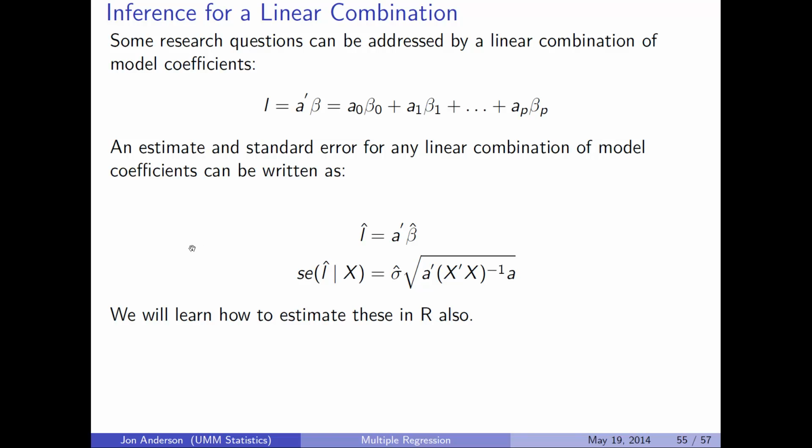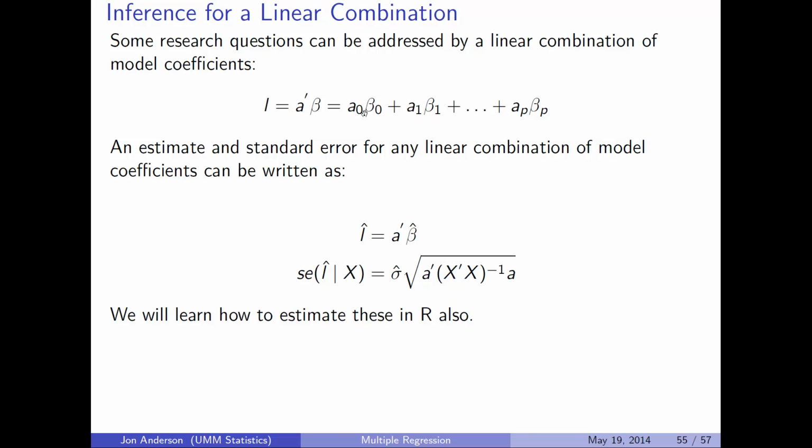You can do an extension of these ideas to just a linear combination of model coefficients. You'll see this later in the course, but sometimes what you want to do is have a function of the betas, and it will be meaningful to whatever problem you're studying, maybe like the difference in some predictors.